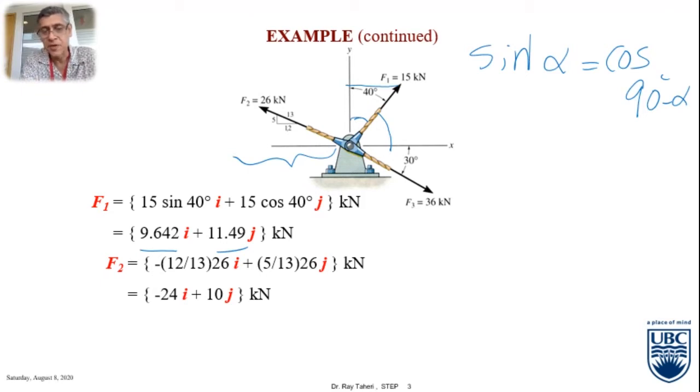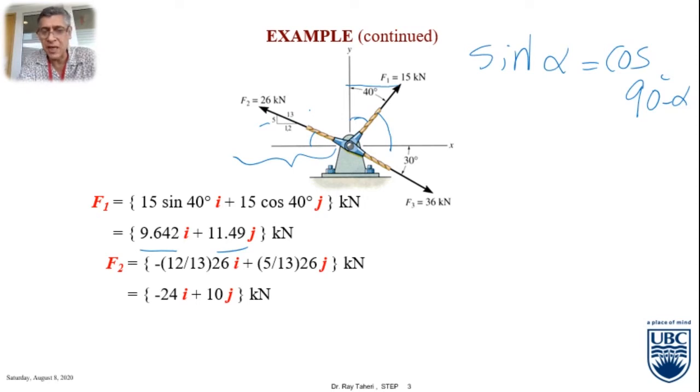The same ratio. Y component is 5 divided by 13. If you don't want that, you realize that 12 divided by 13 is cosine of this angle, and 5 divided by 13 is the sine of this angle. So we can use either way.